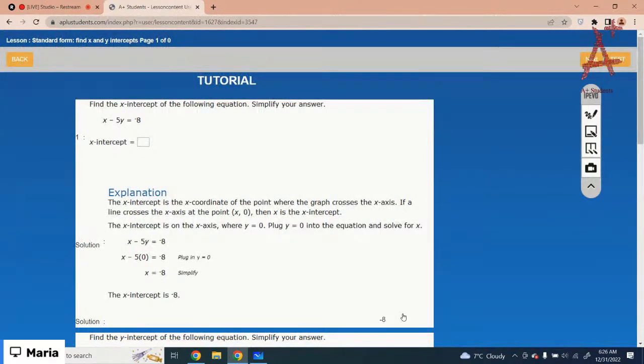You have to find the x-intercept and the y-intercept. So let me just explain what the x-intercept and the y-intercept are.